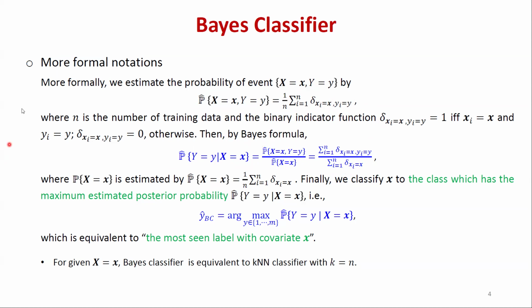Technically it should be this way: this one divided by n, and this one also divided by n, because again, how to estimate the probability that X equals x? Simple, I see how many times x exists and in total how many observations were done. So both are divided by n, they cancel, and that's why here you don't have these two.